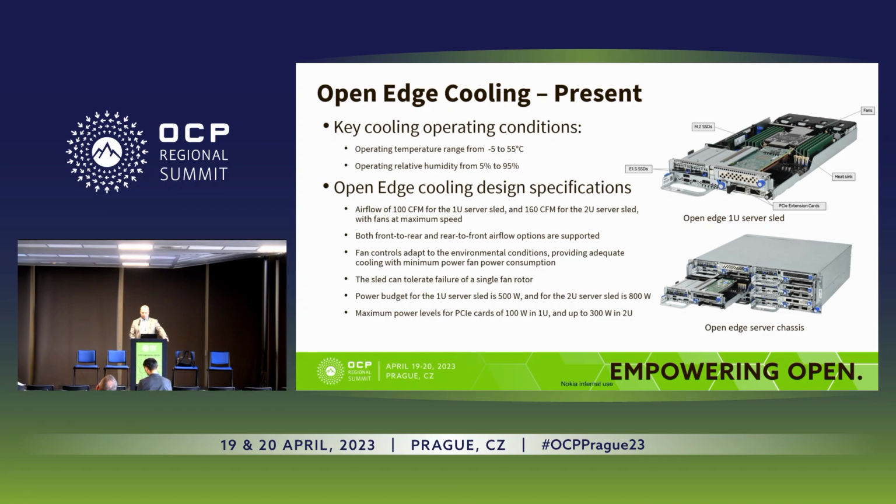Key design specifications of the server are airflow up to 100 CFM in the 1U server and 160 CFM in the 2U server when the fans are at maximum speed. We also support both front-to-rear and rear-to-front airflow options.